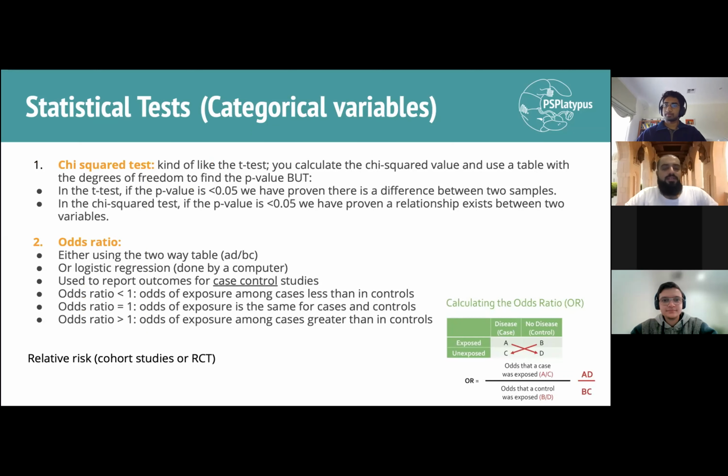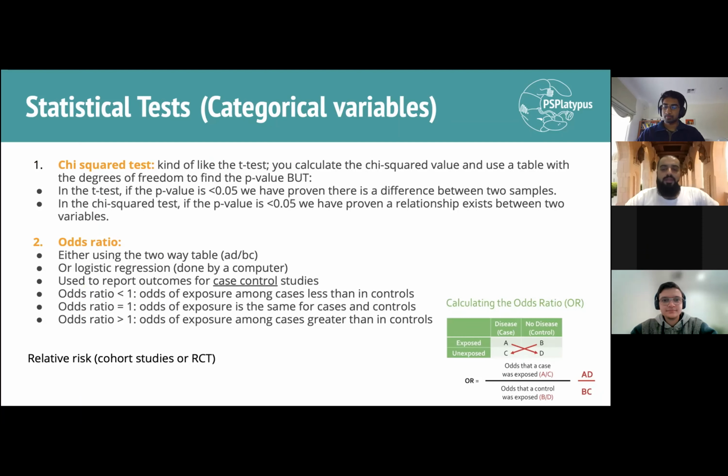However, in the t-test, when we find the p-value is lower than 0.05, we will prove that there is a difference between the two samples. However, in chi-squared tests, if we found that the p-value is lower than 0.05, then we'll prove that there is actually a relationship between these two variables.